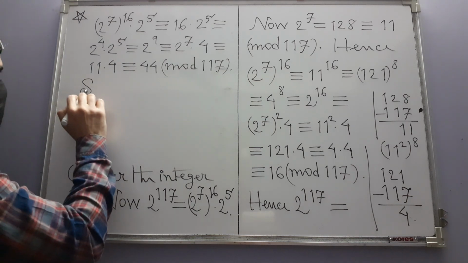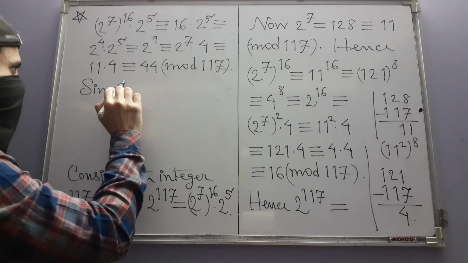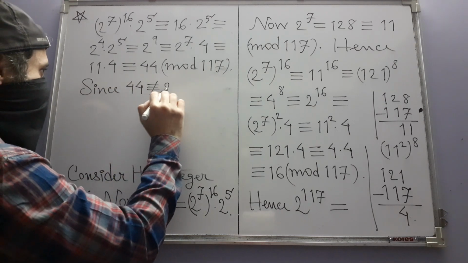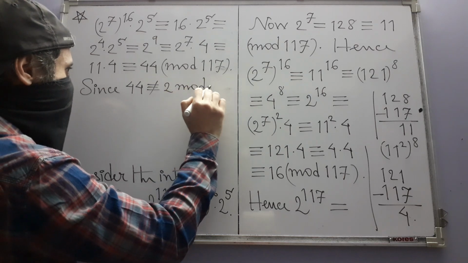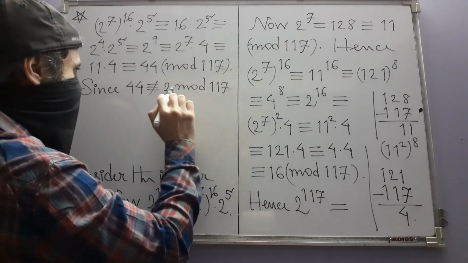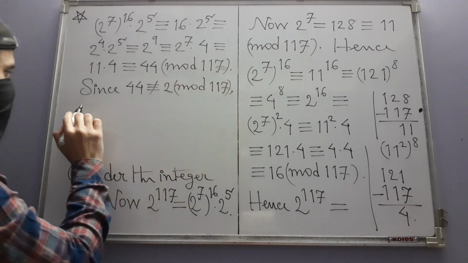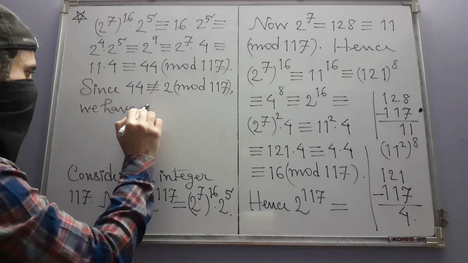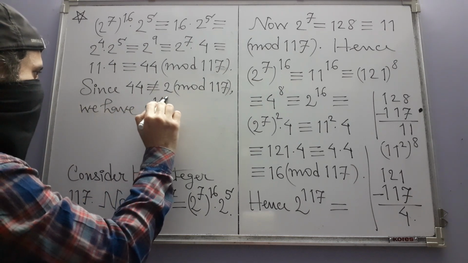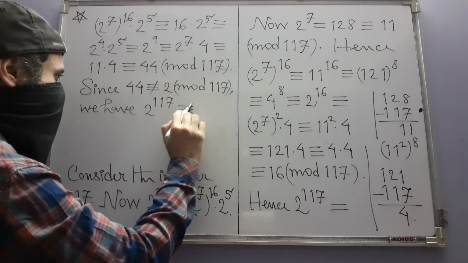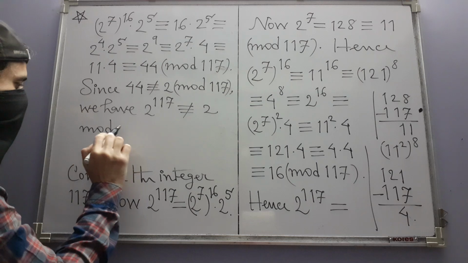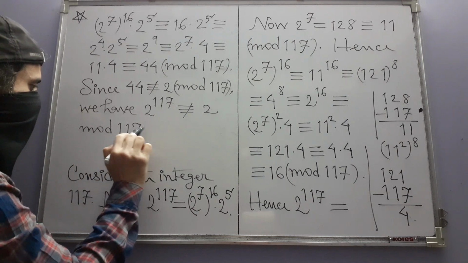Now since obviously 44 is not congruent to 2 mod 117, we have 2 to the power 117 not congruent to 2 mod 117.